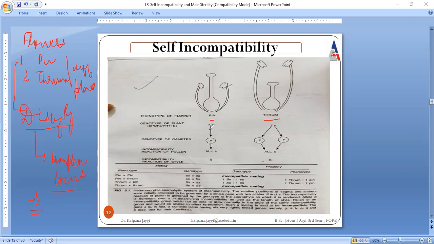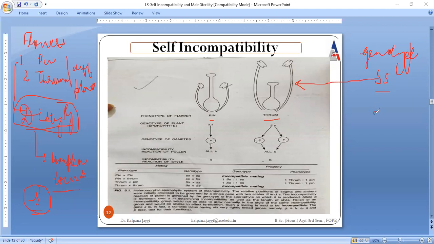If you look here, here is small s and here is capital S. The complex locus is actually governing this distyly nature. When the S locus produces the genotype capital S small s, then the morphology is said to be thrum.